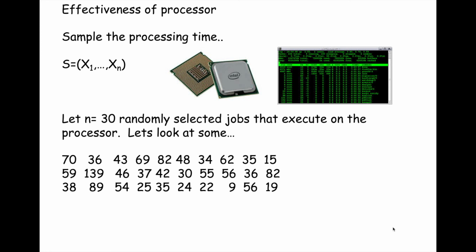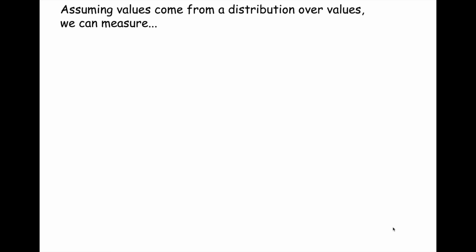So here we have 3 rows of 10, 70 up here is the first one, and 19 is the last one. So let's say you have this data, and assuming these values come from some distribution of runtimes, this is going to be a gamma distribution. It's a multi-phase execution, if you were curious.